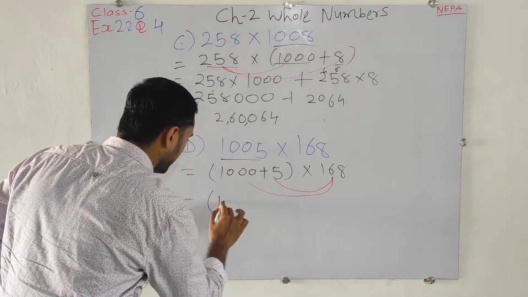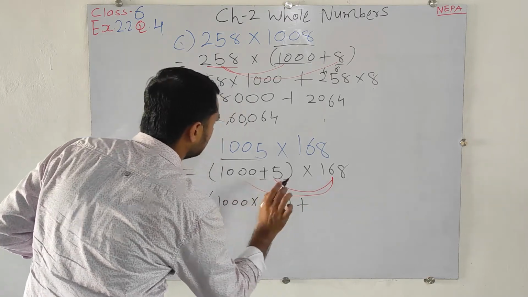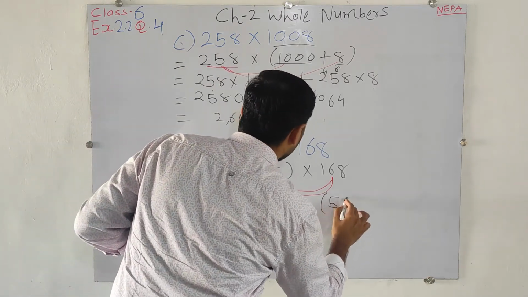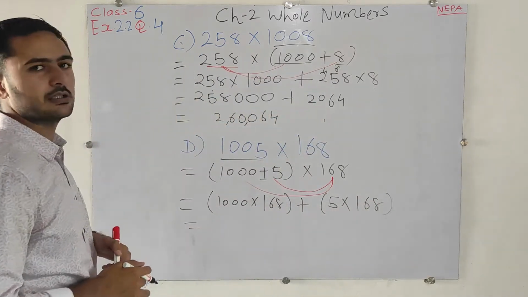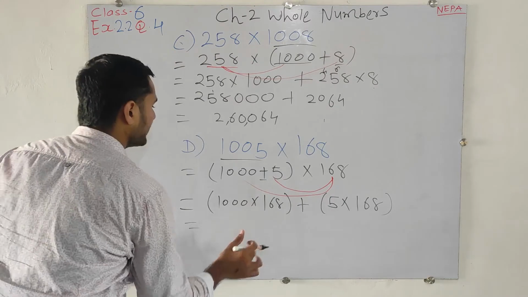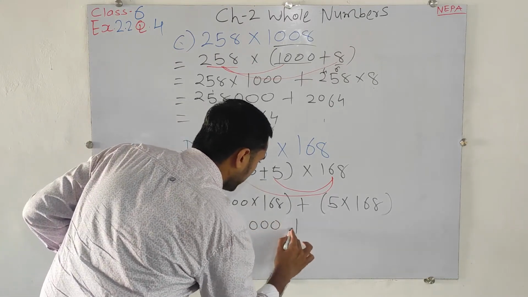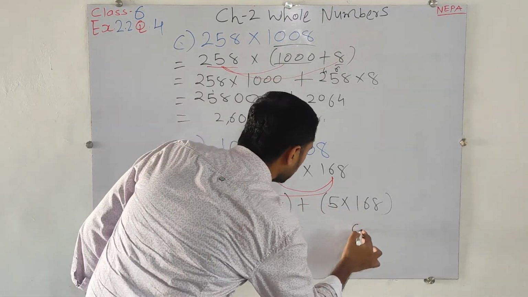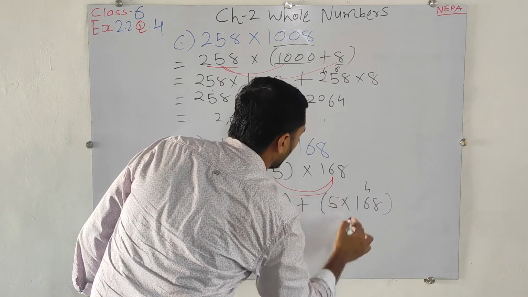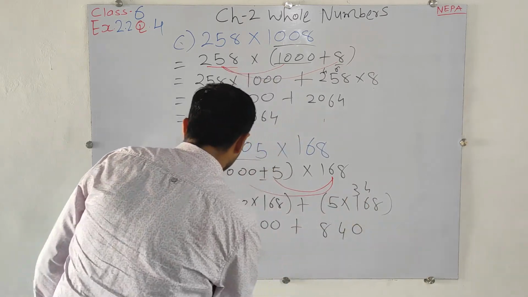Here let's do that. 1000 multiplied by 168 plus sign 5 multiplied by 168. Okay. Only the sequence has changed, but the process is the same. So 1000 multiplied by 168, that is 168000 plus 5 multiplied by 168. 5 8s are 40, 0, 4, 5 6s are 30, 30 and 4 is 34, 4, 3 over there. 5 1s are 5 and 3 is 8, 840.